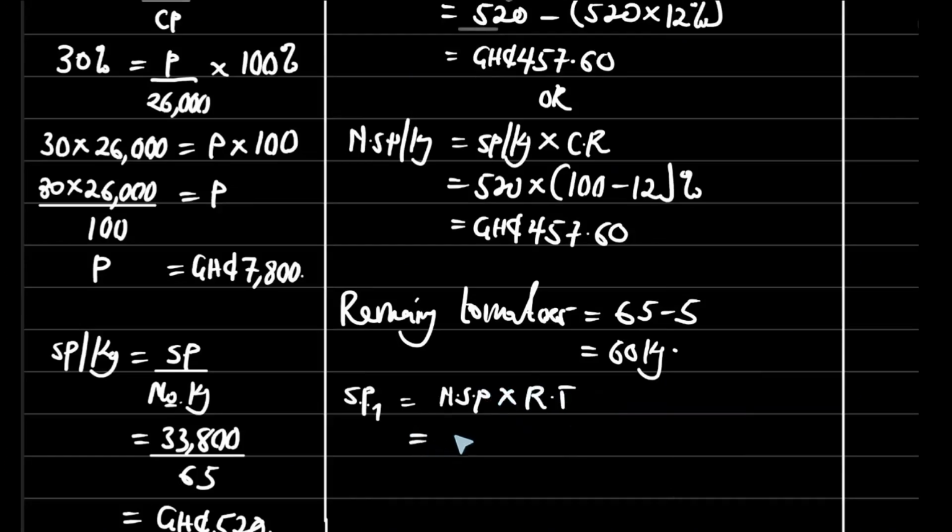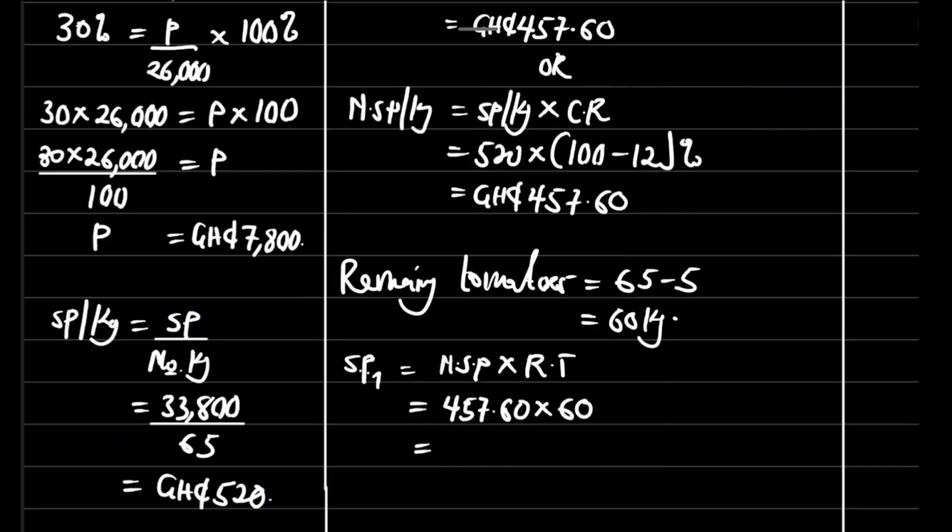We know the new selling price per kg is 457.60, multiplied by 60. So here we'll have a total figure of 27,456.